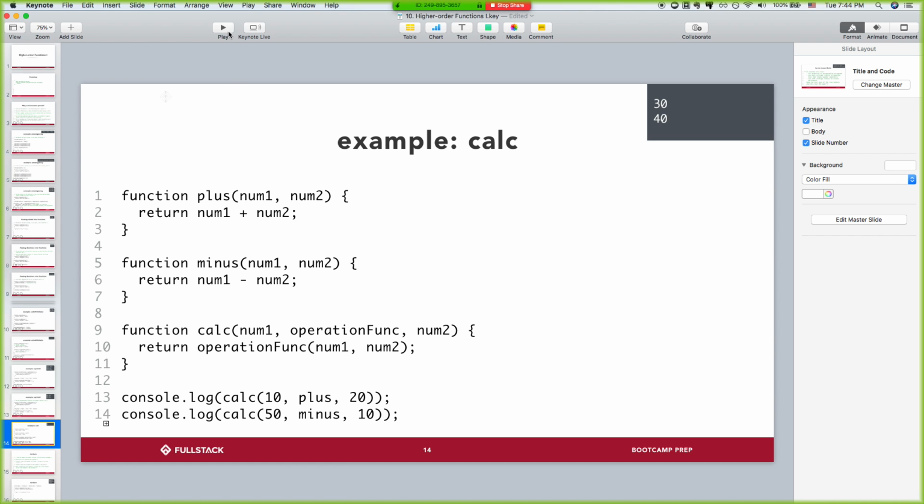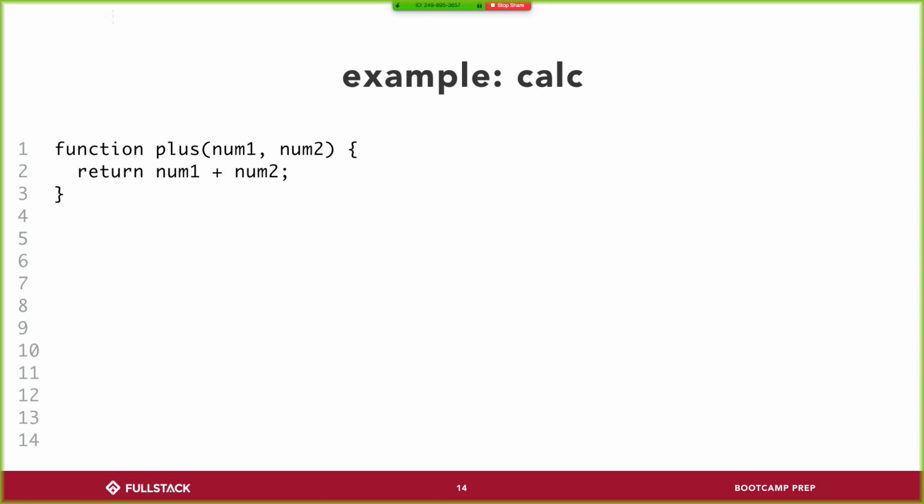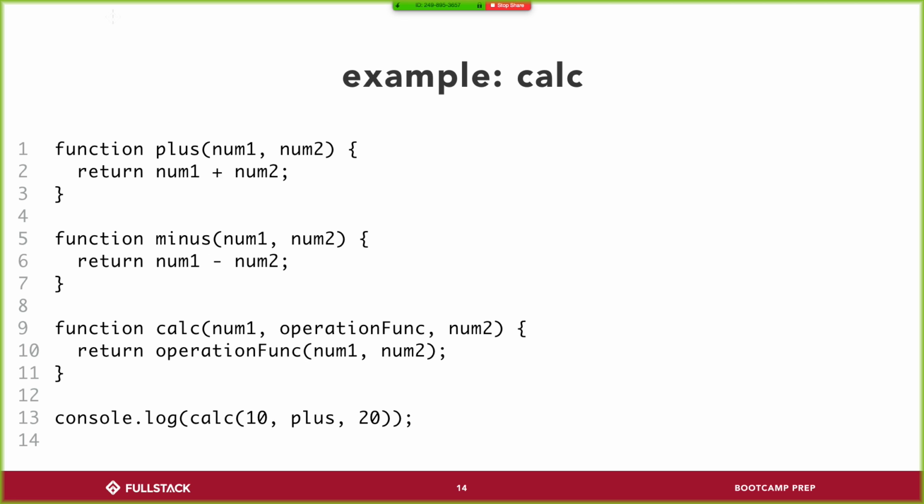Unfortunately, this already showed what this would log, but basically, this is just another example of parameterizing functions and calling them within other functions. So here we're passing the operation func, but the nice thing about that is we can change the operation func.